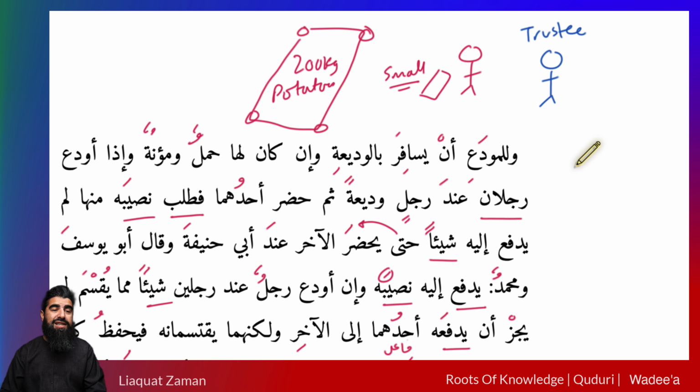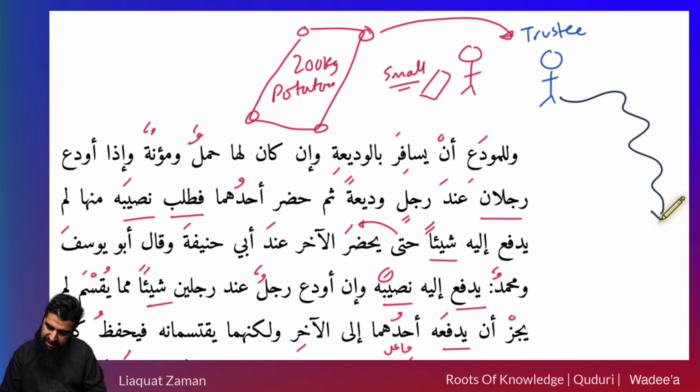I don't know why he's entrusting him with potatoes, but he's entrusting him with potatoes. Now, is this guy the trustee allowed to go on a journey? So he's going on a safar. Can he go on a safar with these things, with a mobile or with a big sack? Yes, he can. That's the short answer.